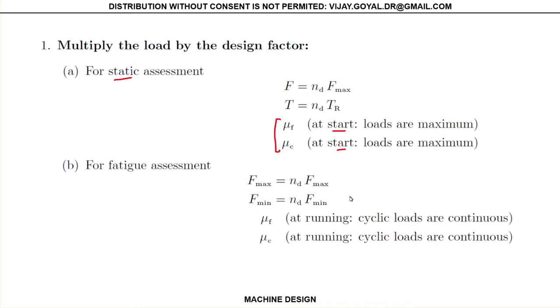It's going to be more critical, and that's what you want to do. For fatigue assessment, since it's a running load, a cyclic load, then you can use this at running only. Okay, you don't have to do this as static. You're adding extra burden unnecessarily. And don't forget that you have to modify your loads properly by the design factor.